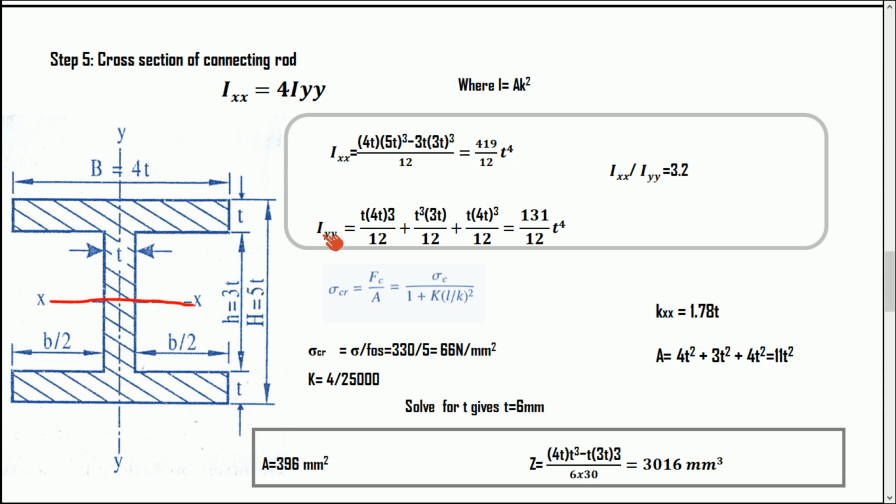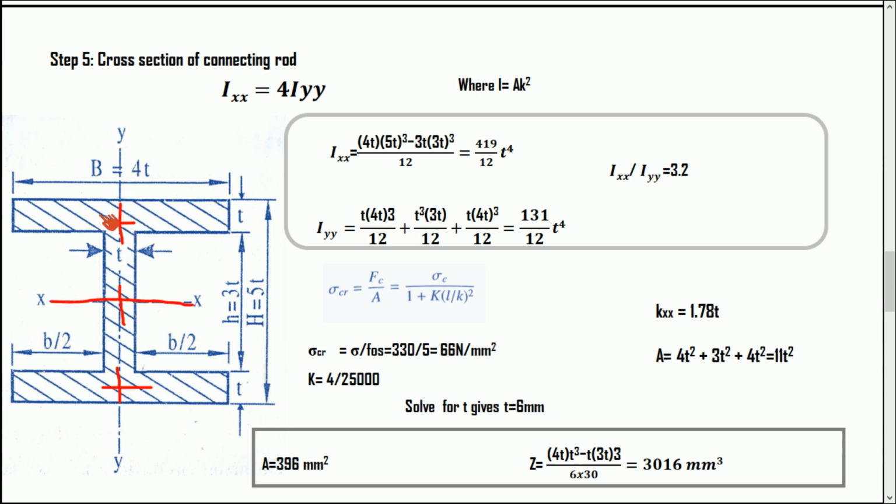Now comes the Iyy. Here please don't get confused because we have got 3 Iyys here. One is this one, this is Ixx and Iyy. The second one is here, and the third one is this Iyy. These three are the Iyys. This can be considered as Iy1, Iy2, Iy3.